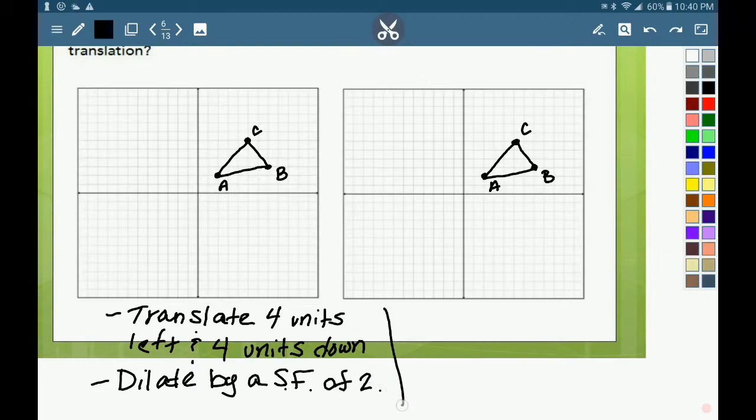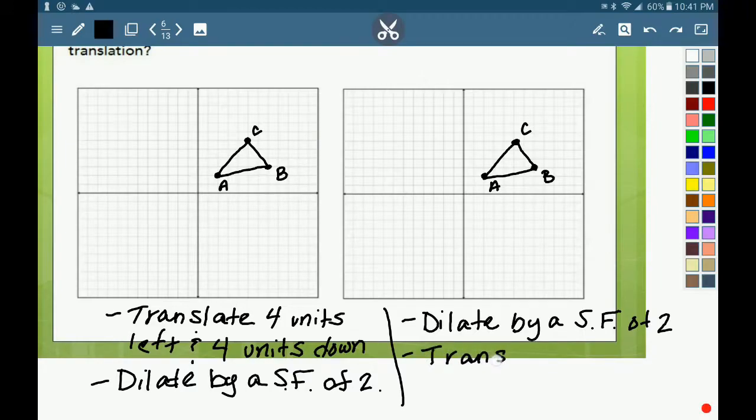Okay, so then over here on the right side graph, we're going to swap the order. So you're actually going to translate the left graph, then dilate it. And on the right, I want you to dilate first. Same scale factor. Then we're going to translate.